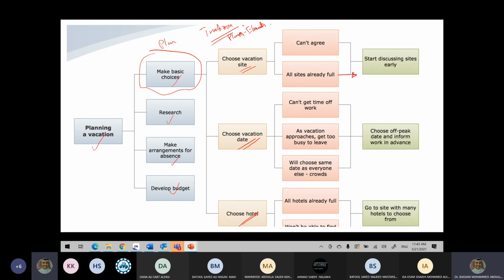So you can already take an action, putting a solution, if they are already full. And we may not agree. Agree means someone says, no, we want to go to Thailand. Another person, we want to go to Indonesia. A third person wants to go to New York, for example. And by the way, New York is not as beautiful as you would expect.